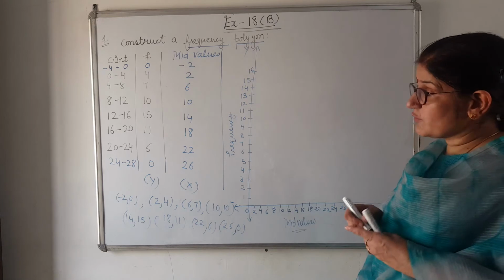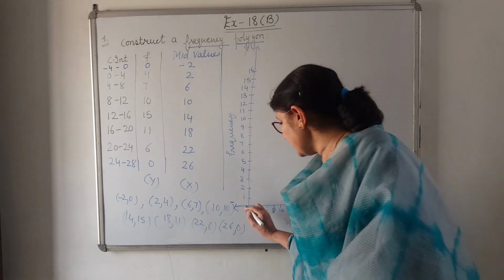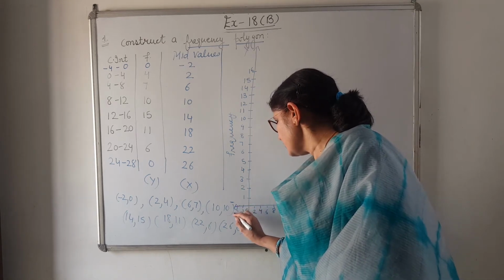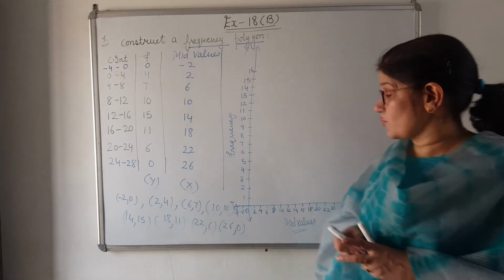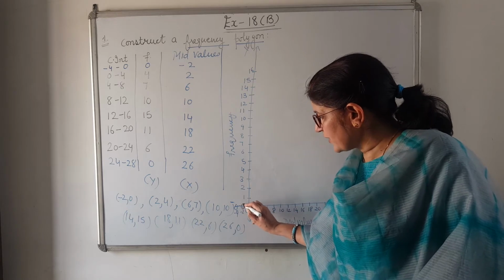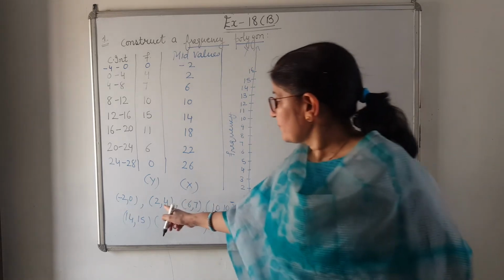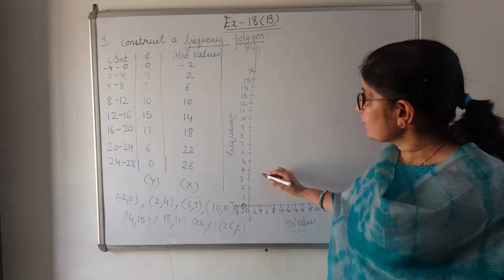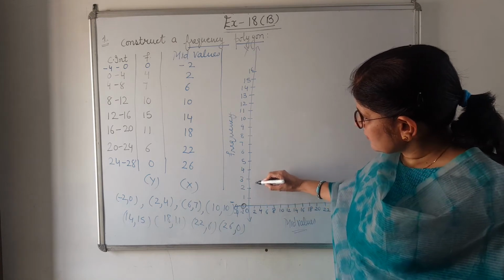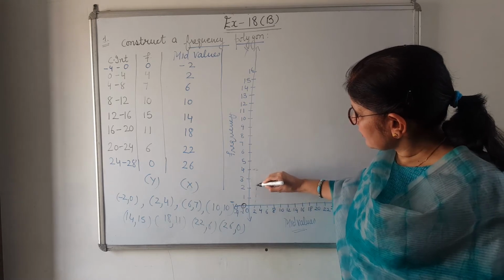Now our first point to plot is minus 2 and 0. So x is minus 2 and y is 0, so the point lies on the x-axis. Now our next point is x 2 and y 4. We go along x to 2, and from here up to 4.